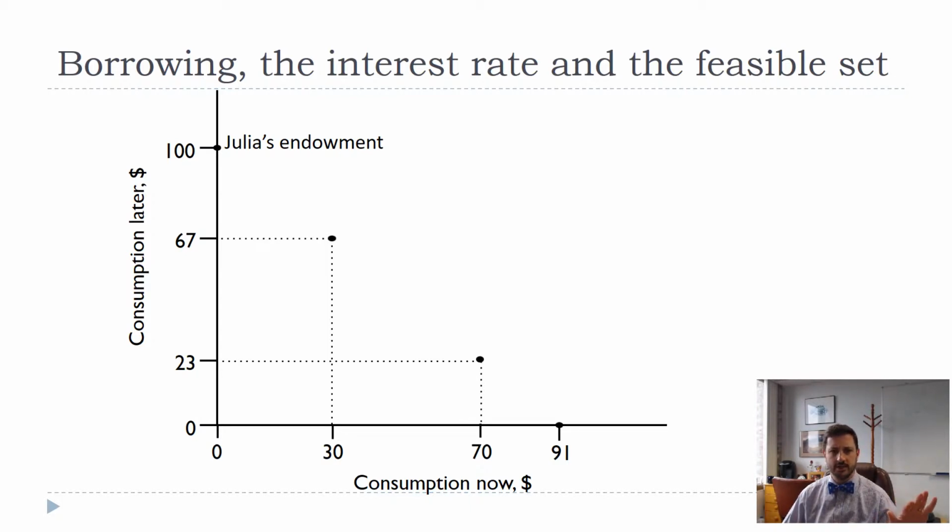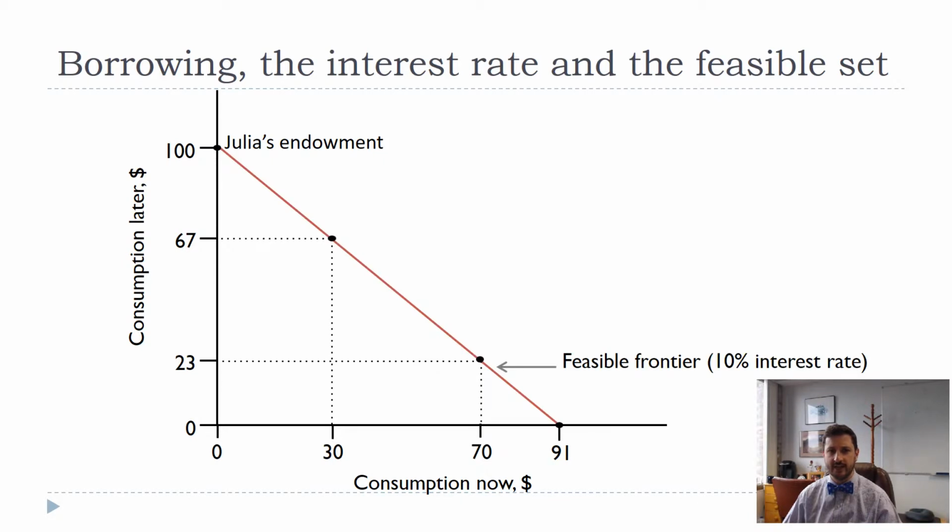And so we're going to see that this actually creates a straight line with a slope that is equal to the interest rate, and that gives us our feasible frontier, right? So it's actually 1 plus the interest rate is the slope. And so she could choose any point along the feasible frontier.